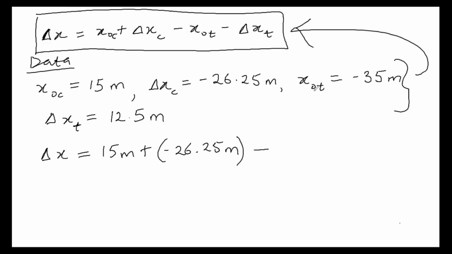But the x naught t has a minus, so I'll say minus 35 meters. Of course, you can see this minus and minus will eventually give us a plus. Then I'll say plus, and then minus the minus that is here, so minus 12.5 meters. So we are now just plugging in the values which everyone else can do.